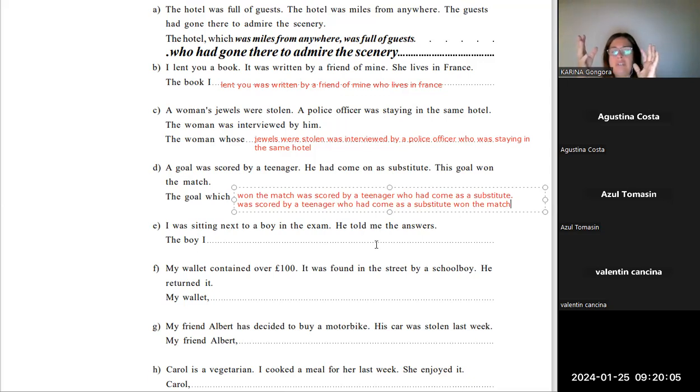Are you getting this? He works as a teacher. Well, in this case, had come on as a substitute. The person came as a substitute, right? It is like the phrasal verb to come as a replacement, all right?